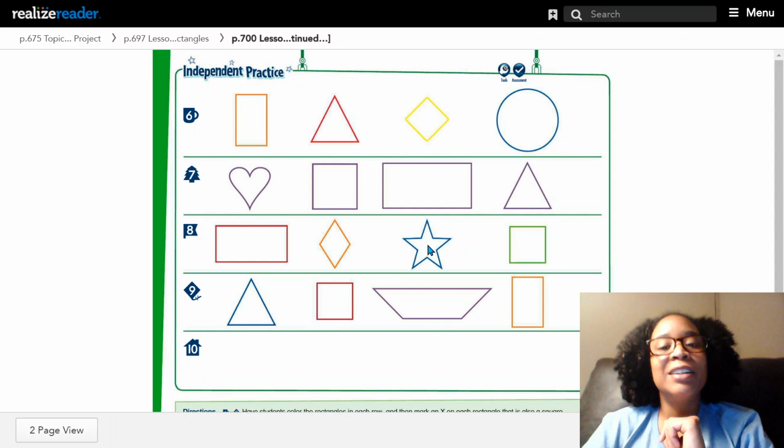We know it's not this one. That has 2 short sides and 2 long sides. Good. So that is not the square, but that is the what? Rectangle. Whoa, we only have 2 shapes left. Is it this one? Is this where your little pinky is? I hope so, because that is the square. 1, 2, 3, 4 sides. Same length.